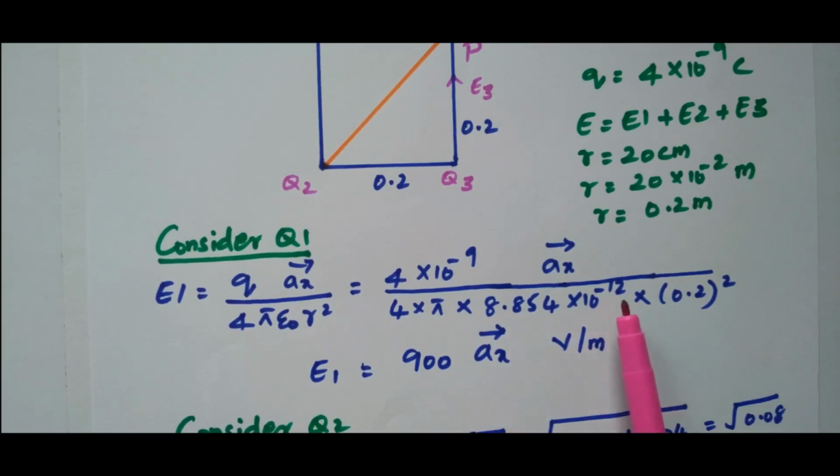We consider an air medium, so epsilon r equals 1, and r value is 0.2, squared. So E1 equals 900 AX volt per meter. While considering Q1, the E1 value will be 900, only one component. Now consider Q2.